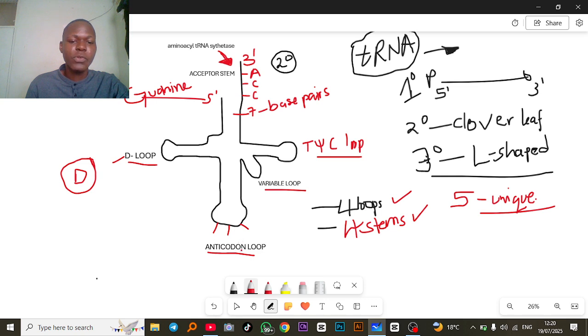Then the anticodon loop will be the one which recognizes the codon on the mRNA. So if this is our 3' to 5', and it has, let's say, A U G, what will be the codon that will be read?